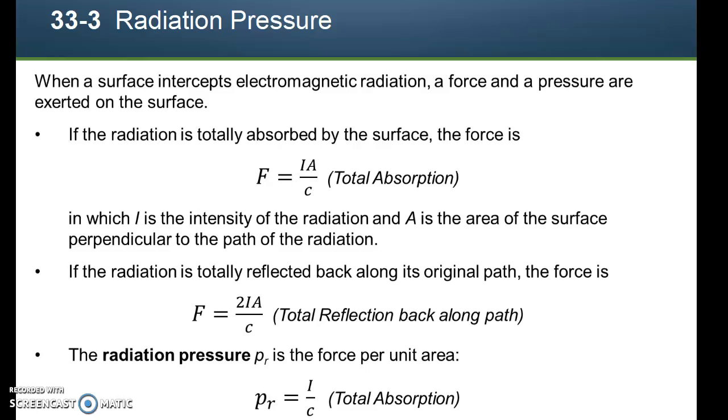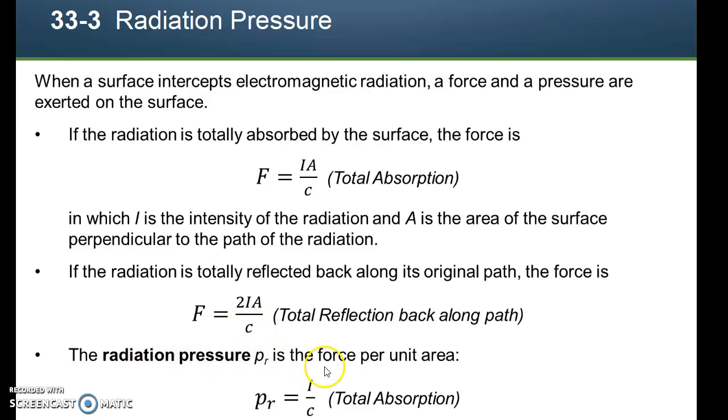So the radiation pressure is the surface, when a surface intercepts that electromagnetic radiation, a force and a pressure are exerted on the surface. If the radiation is totally absorbed by the surface, the force is that intensity times the area divided by the speed of light. If the radiation is totally reflected along its original path, the force is twice that, 2IA over C. Okay?